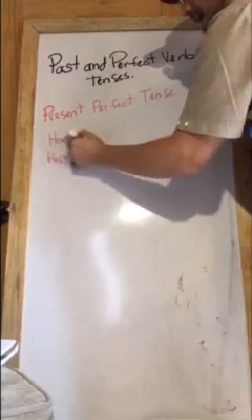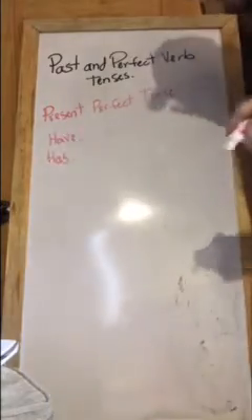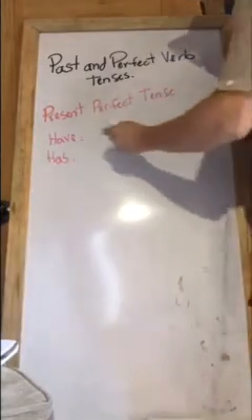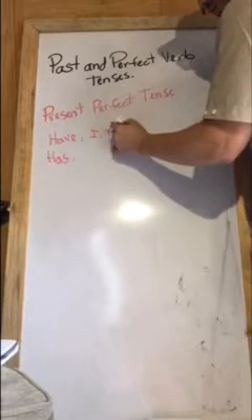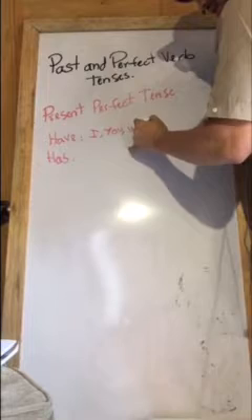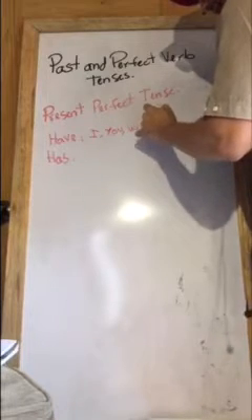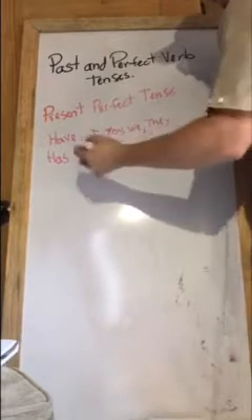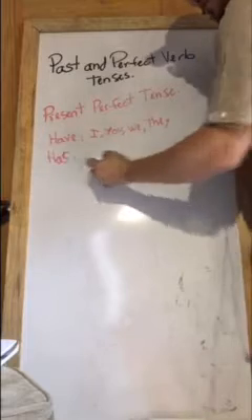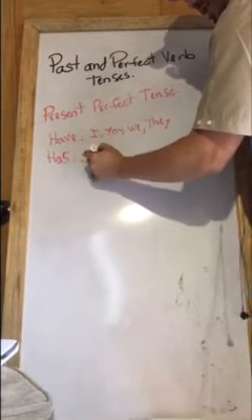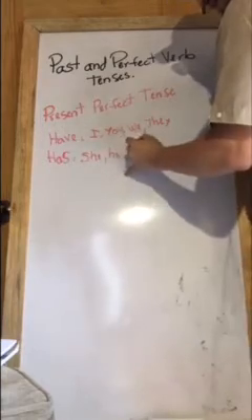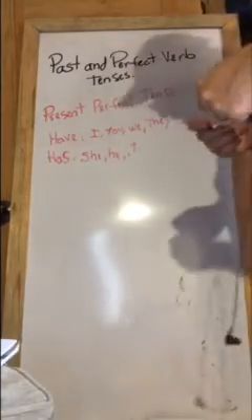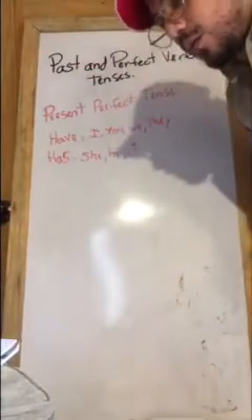And as we have said before, have is going to be used for the following nouns: I, you, we, and they. And has is going to be used for she, he, and it.